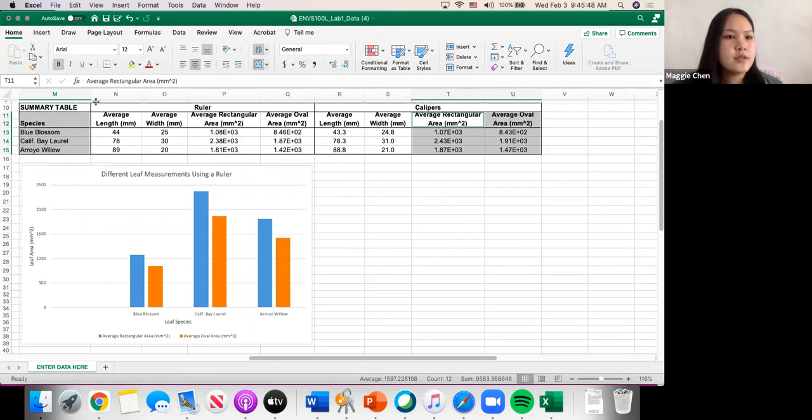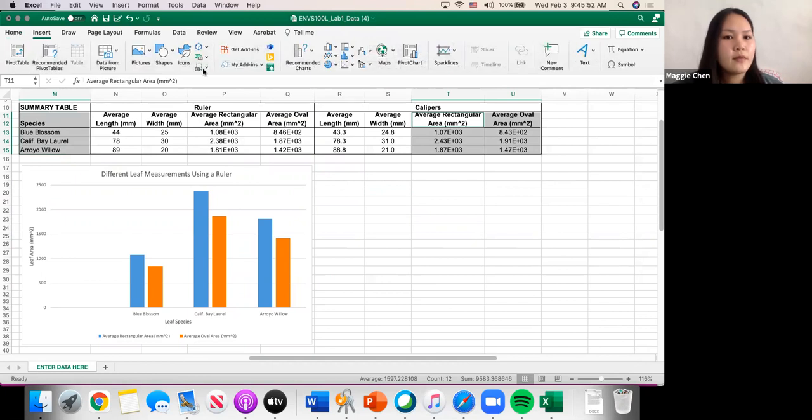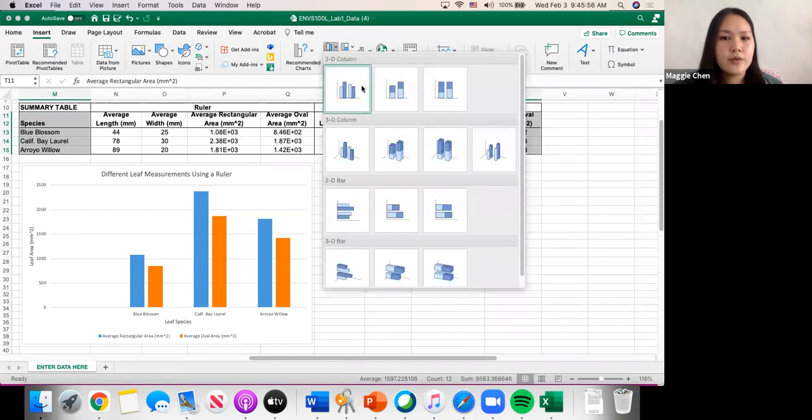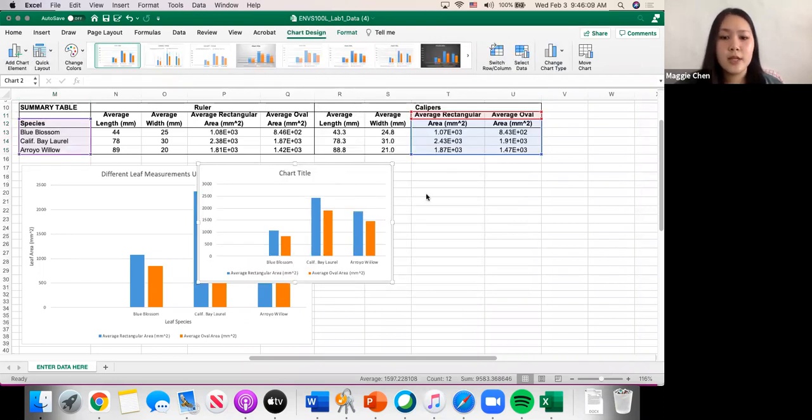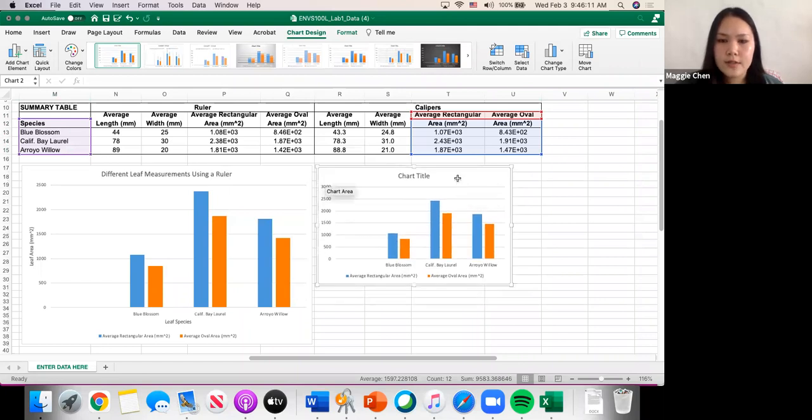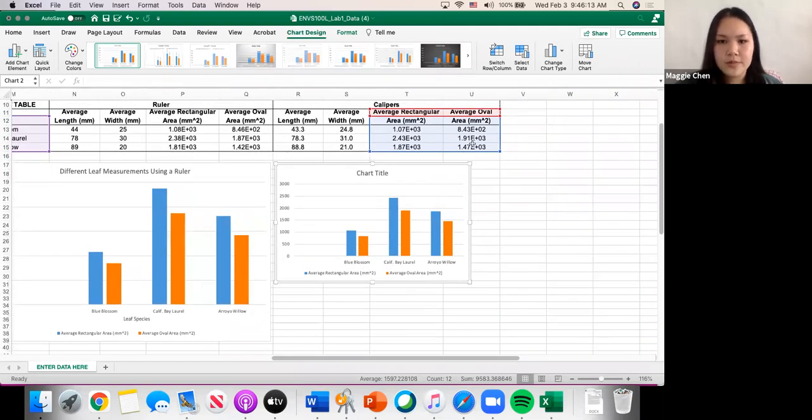Again, under our Insert tab, right next to the Home tab, and right next to Recommended Charts, we're going to click onto this very first tab for clustered columns, and this 2D clustered column is what we're going to want to make. Same process. And now it's going to give us a different chart using our caliper measurements.